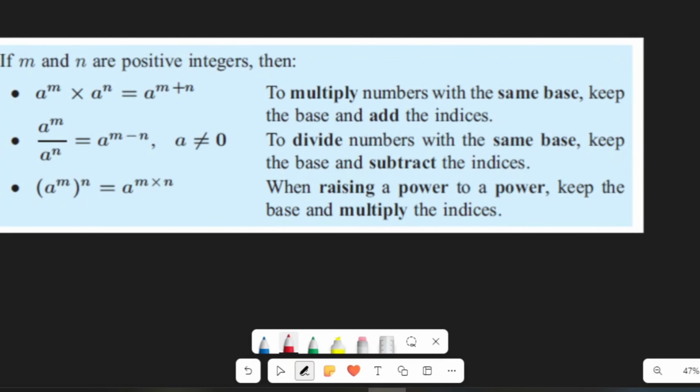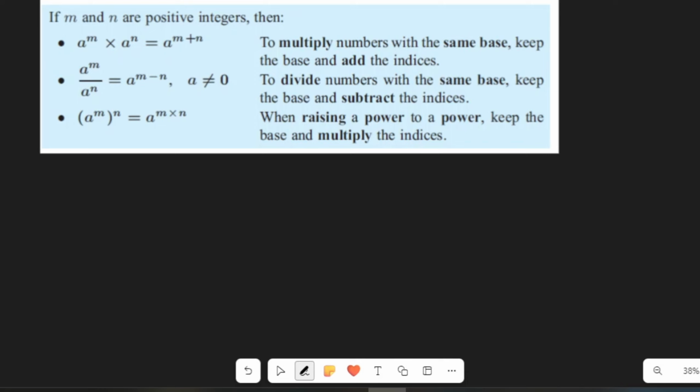Let's use numbers because it's always easier to understand with numbers. Let's say we have 4 to the power of 2 multiplied by 4 to the power of 6. What we do here is we keep the 4 and we add 2 plus 6, which gives us 4 to the power of 8.